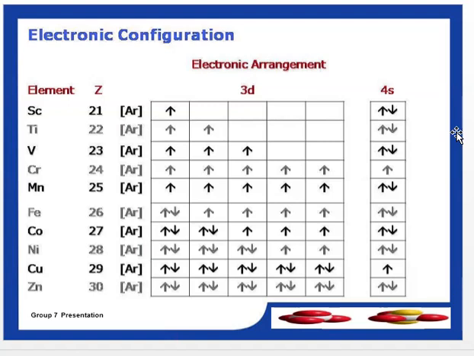But the B subgroup elements have just 2 electrons in the last level, except chromium and copper. Why? Because they have abnormal electronic configuration.